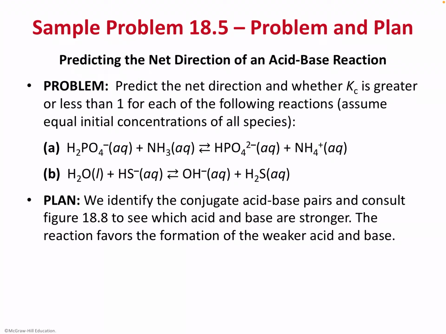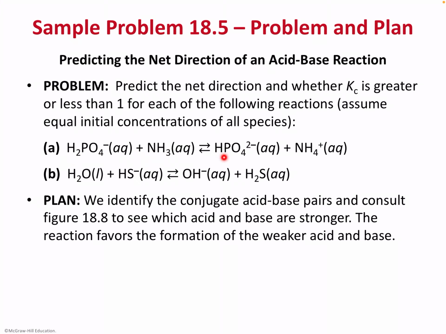Okay, predict the net direction and whether Kc is greater or less than 1 for each of the following reactions. Assume equal initial concentrations of all species. So we have these ones. First we can find out whether they are acids or bases, and whether they are stronger or weaker.